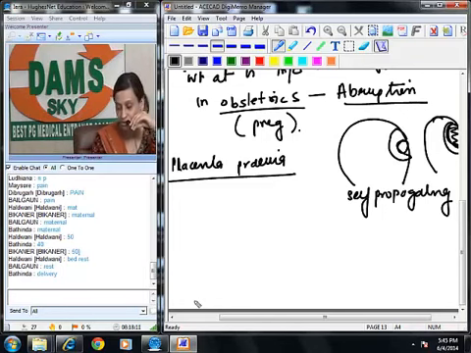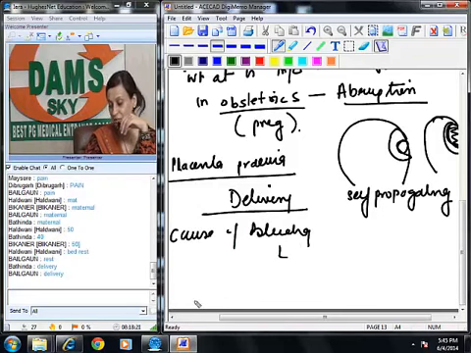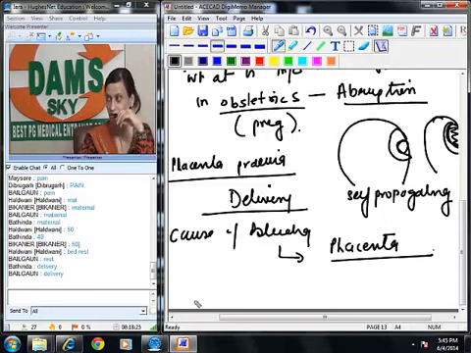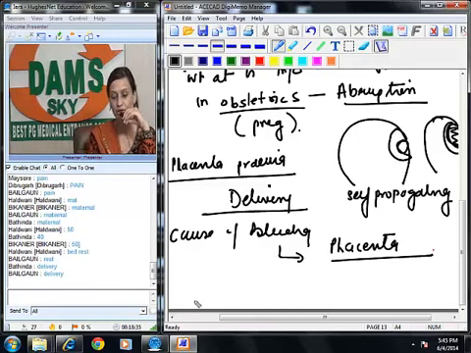The only management of these two conditions is delivery. Why? Because the cause of bleeding in both these conditions is the placenta, and until and unless you take out this placenta, it will keep bleeding, right?